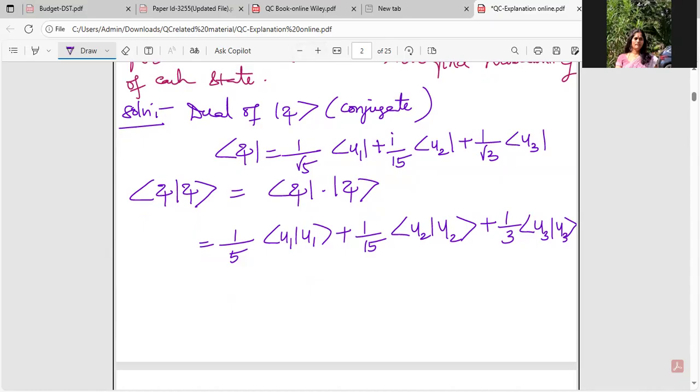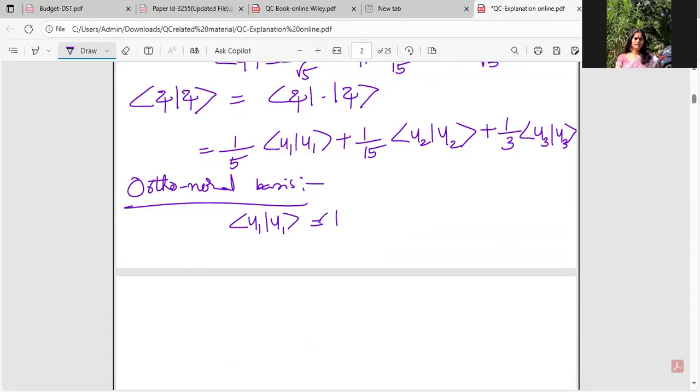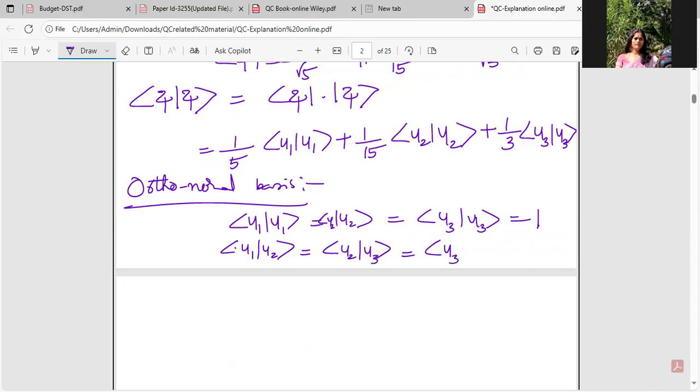See, there's this condition that u1, u2, u3 form an orthonormal basis. What is an orthonormal basis? Let us see. They form an orthonormal basis. That means the inner product of u1 with u1, u2 with u2, and u3 with u3 would be 1, and the inner product of u1 with u2, u2 with u3, and u3 with u1 would be 0.